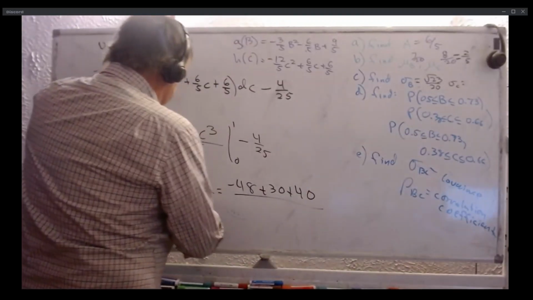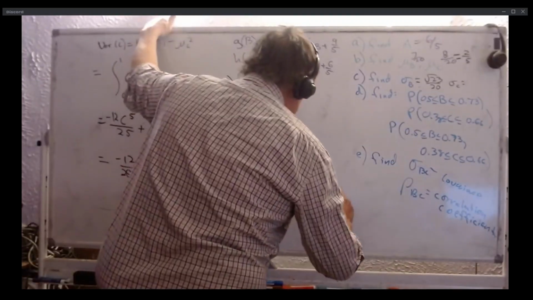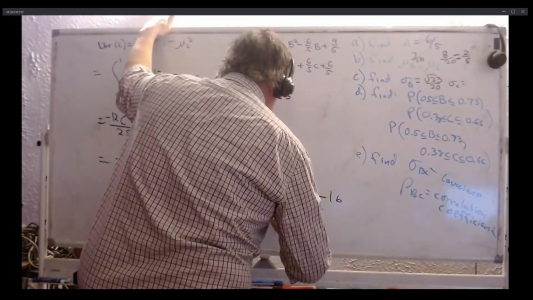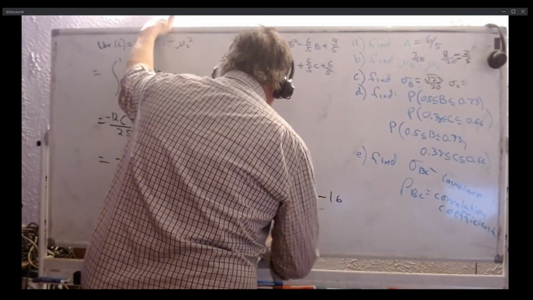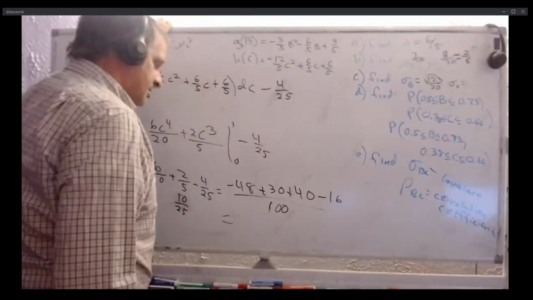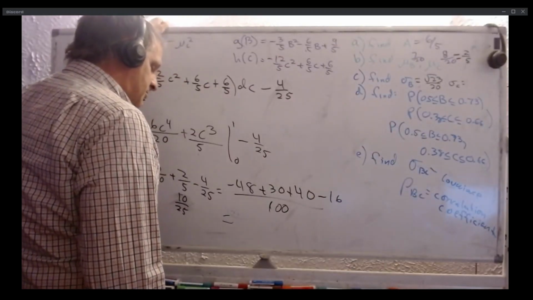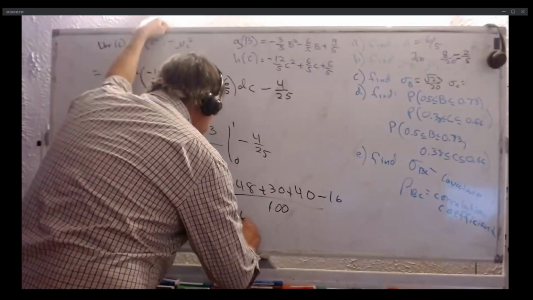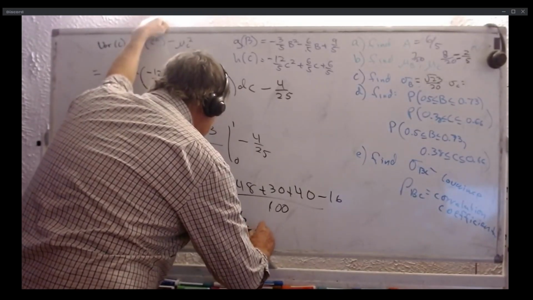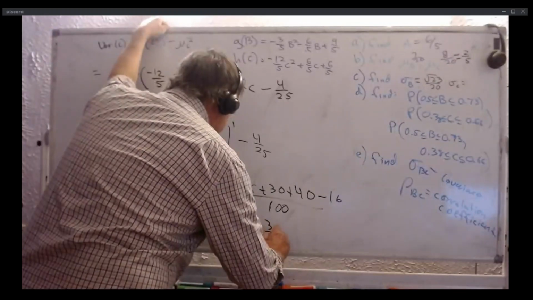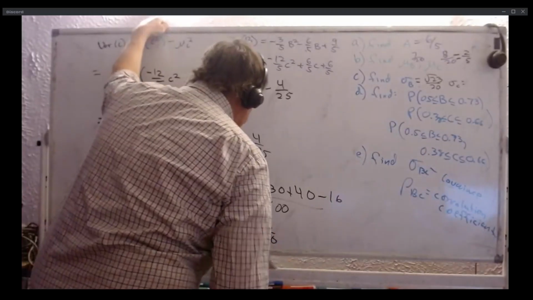Yeah. And convert this to 100 minus 16. What do you get? 64. Do you get 6 out of 100? Yes. Which equals 3 out of 50. That's the variance.